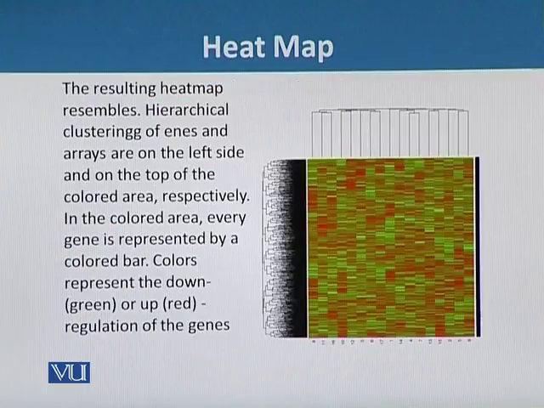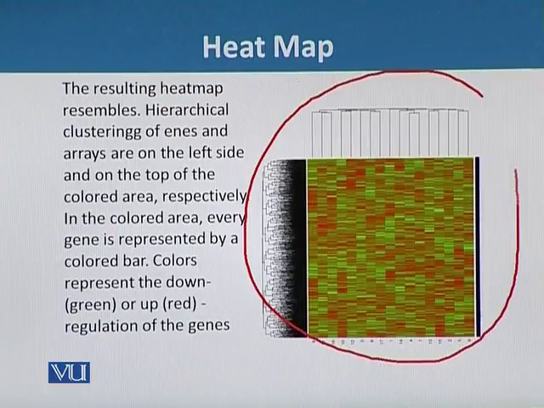This is the heat map representation that we will get after using the distance programs, either the Euclidean or the Pearson, and the resulting heat map resembles the diagram we are seeing.